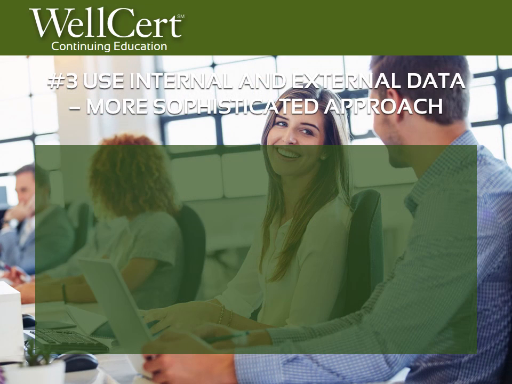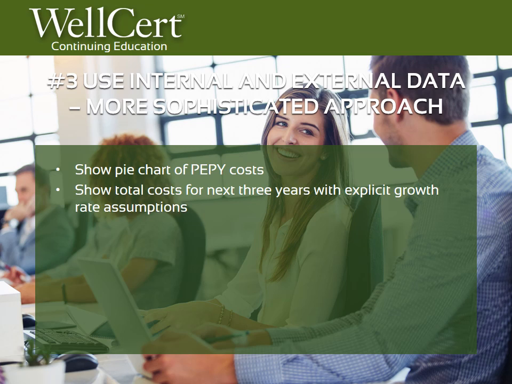Now, again, working on this strategy number 3, using internal and external data, a more sophisticated approach might show a pie chart of those per employee per year costs, either the ones that I showed you earlier, the 2015 dollars, or the idea that you put your own pie chart together of those costs for your organization, using some generally reasonable methodologies to come up with those costs.